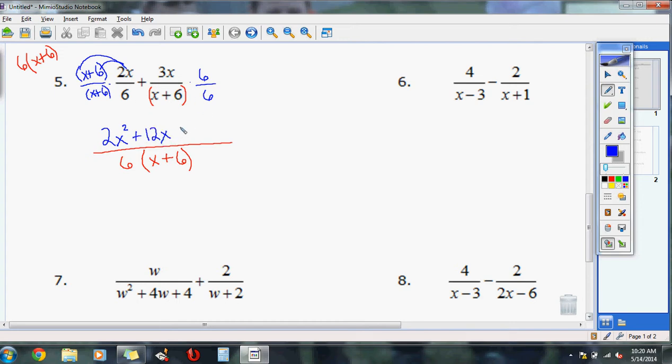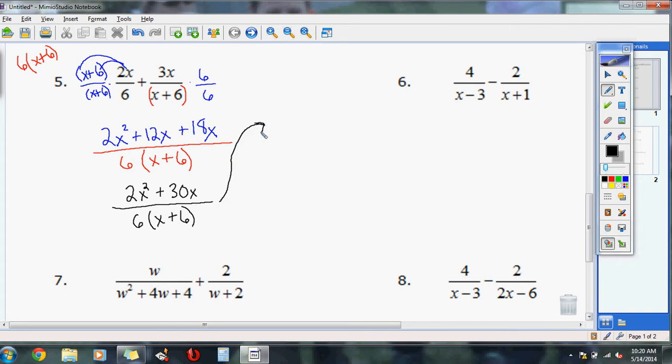And on the right side there, we have plus 18x. All right, so now remember, through these we've been saying leave the denominator the same, leave it factored. So that denominator is just going to be 6 times x plus 6. But on top there, we can put 2x squared, but then we can add those like terms, which is 30x. And we're still not done.